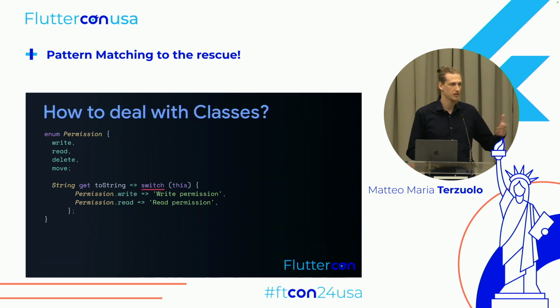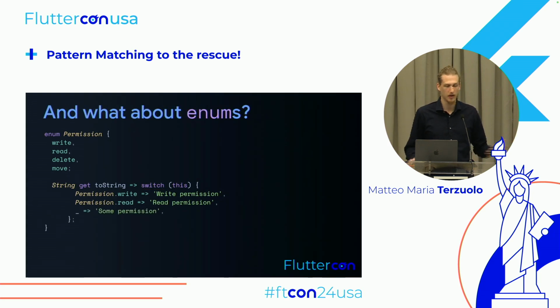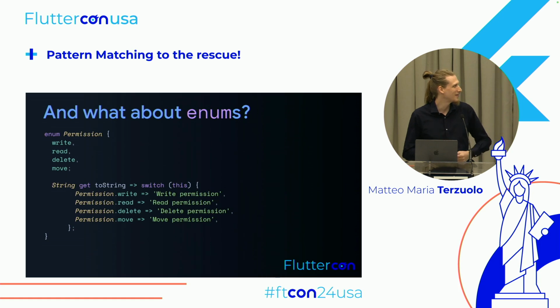For the same thing that we said earlier, we can't just switch on two values because the enum has 4, and so we can put a wildcard or check for all the values of our enum.